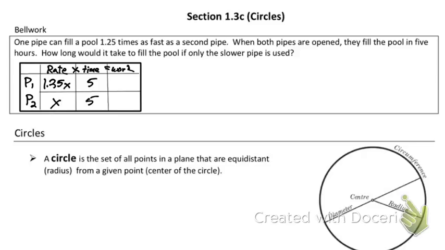So pipe number 1 works at a rate of 1.25x, so its amount of work done in 5 hours is 5 times that, which is 6.25x. Our pipe 2 has 5 hours. It's working at a rate of x. So the amount of work it's going to do is 5x.